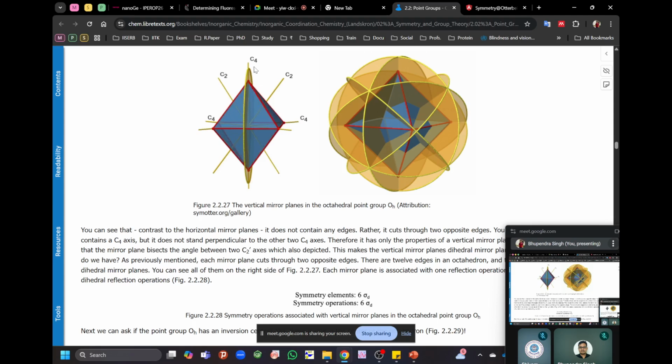So this is your one plane, one sigma d. So simply you can find out how many sigma d's are present in this case. So these are the sigma d's present here. I think you are able to imagine.